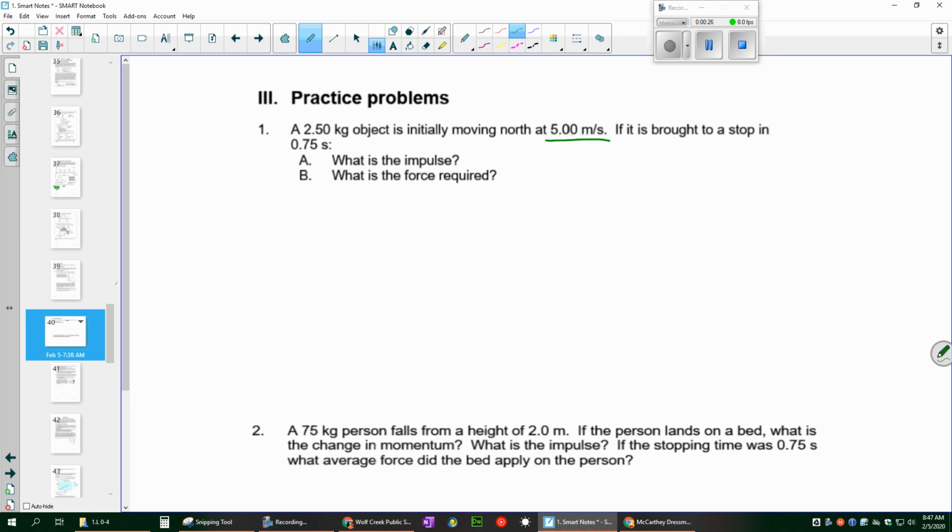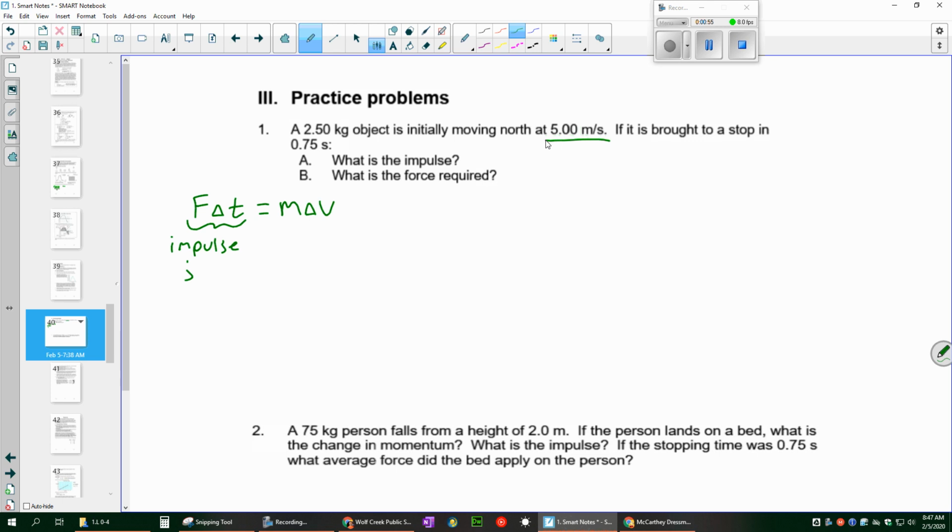So write down force times change in time is equal to mass times change in velocity. And then I remind myself that this is the impulse, or J, you could call it J if you like.